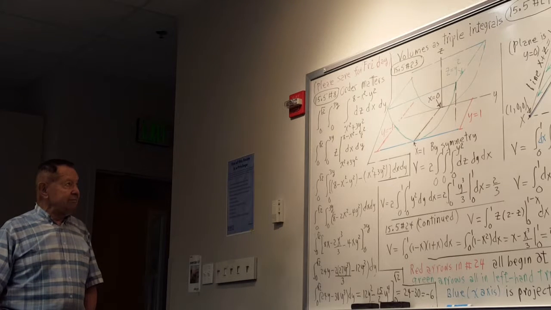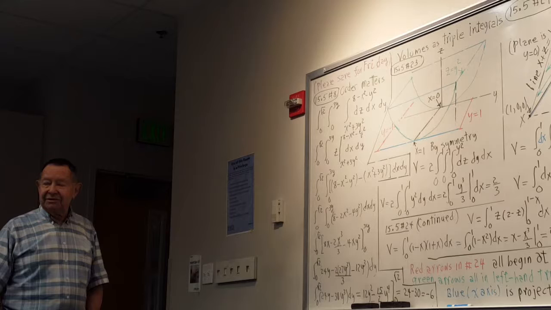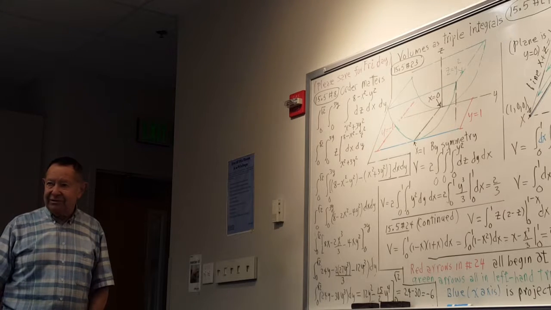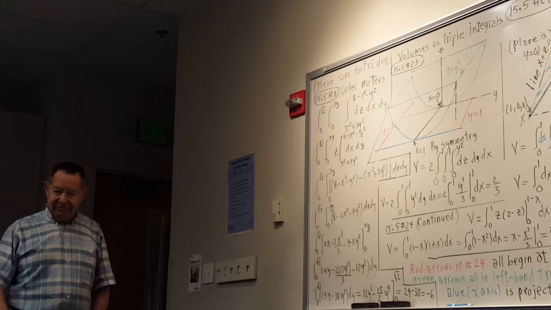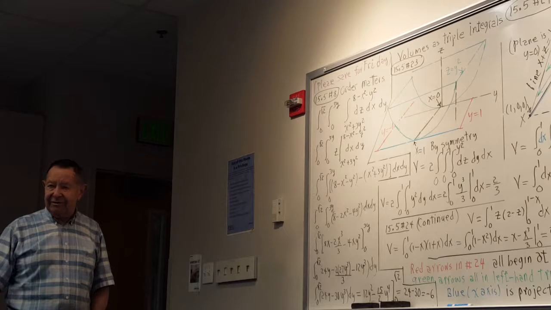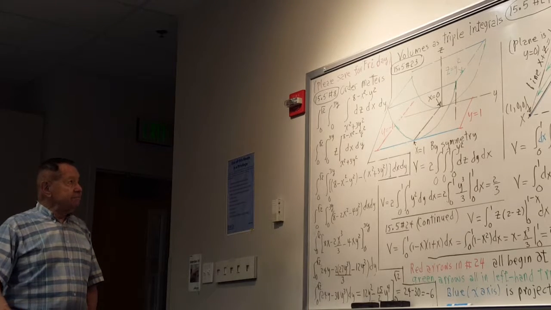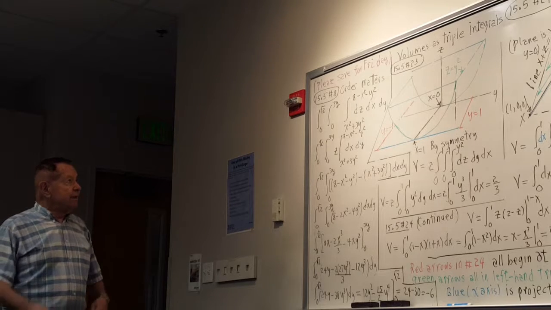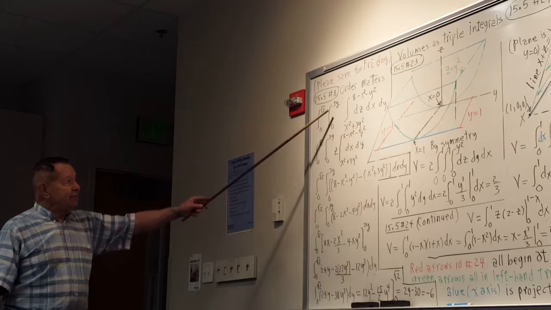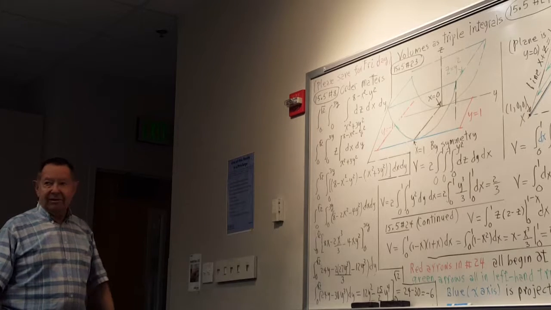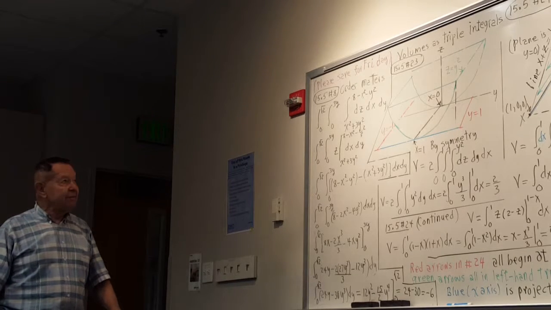While in practice you might have a preference for one order over the other, in theory, if you have constant limits on everything, it shouldn't matter. And if you have variable limits, then the order is going to matter.